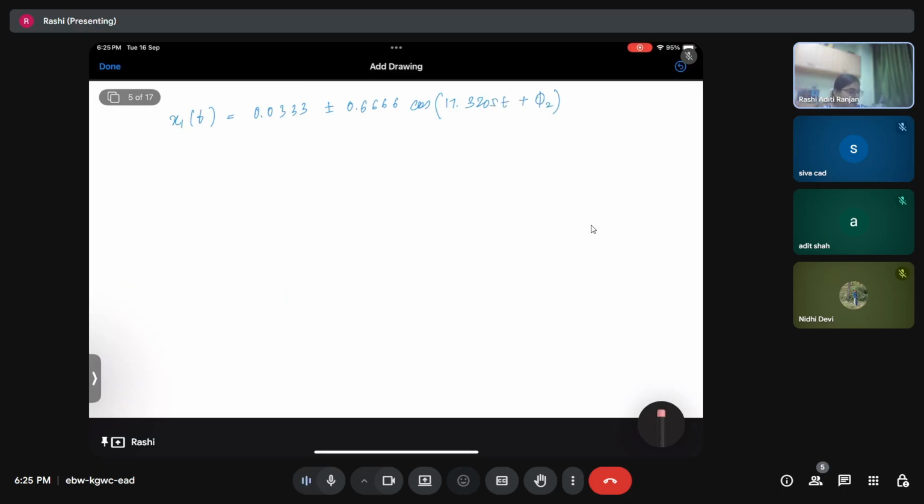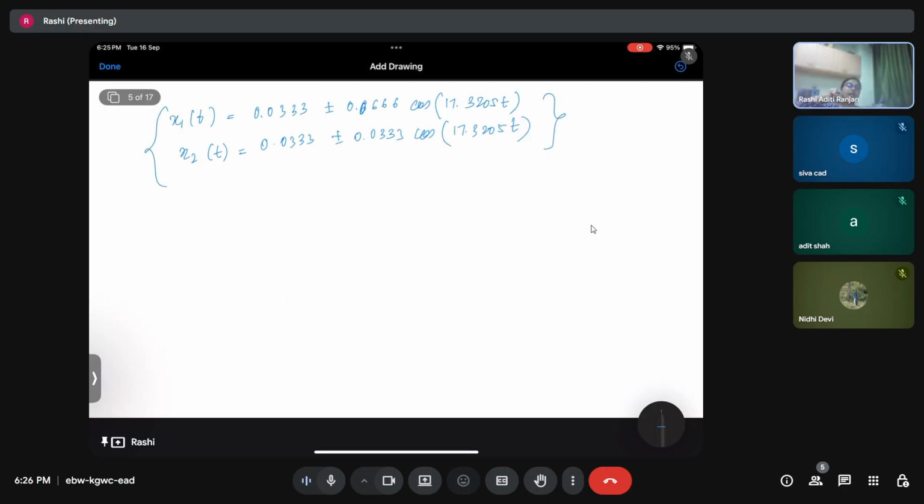Now phi 2 you can take 0 anyways, or pi, and x2 of t as 0.0333 plus minus, okay, here it should be 0.0333 cos of 17.3205 t. So this is going to be the general solution of the system.